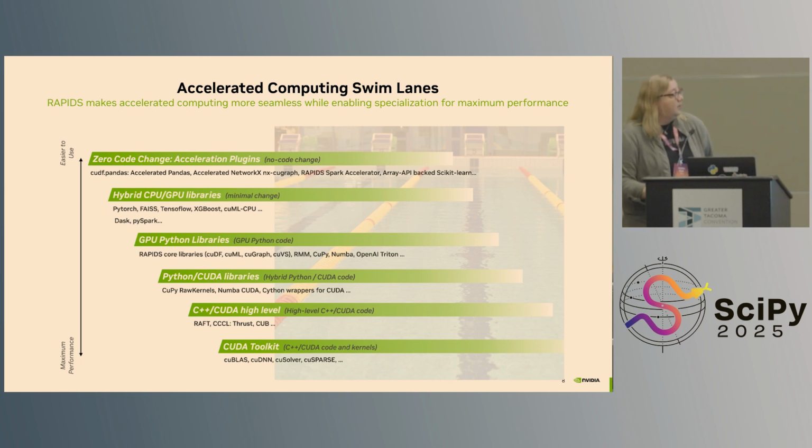Next, we have the GPU Python libraries. This is mostly where I'd be thinking about RAPIDS. We have a few different RAPIDS tutorials. I know one of them is in parallel with this one, but we also have another one tomorrow afternoon. If you're familiar with NumPy, pandas, and scikit-learn, those types of libraries, the RAPIDS libraries are complementary to that.